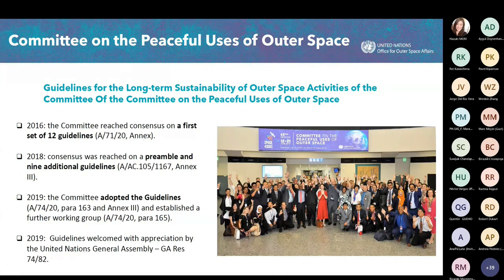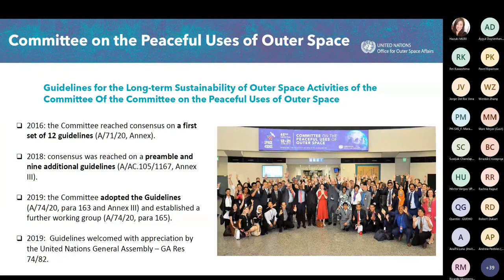So then after years of work, in 2016, the working group reached consensus on a first set of guidelines, but it kept working. And in 2018, it reached consensus on a preamble and then 9 further guidelines. And then in 2019, a year later, the committee adopted what are now the guidelines for LTS of the Committee on the Peaceful Uses of Outer Space.